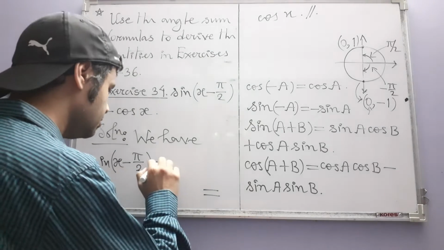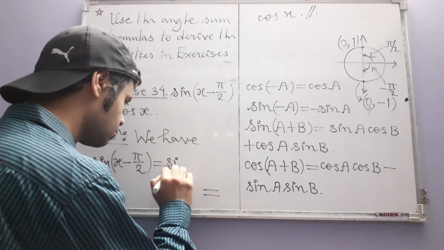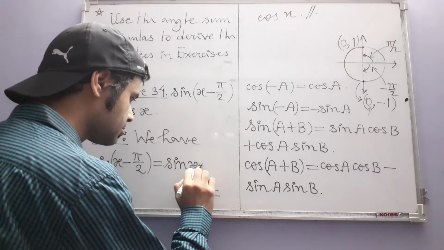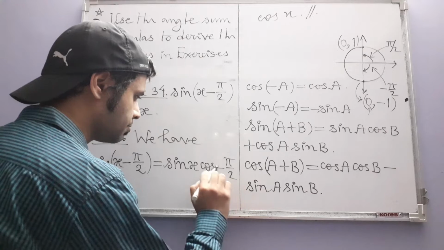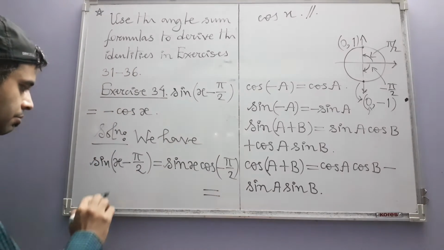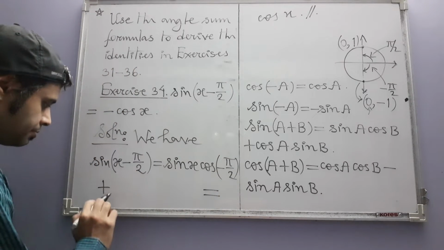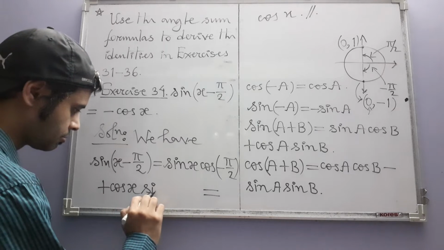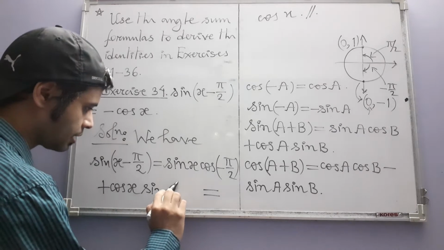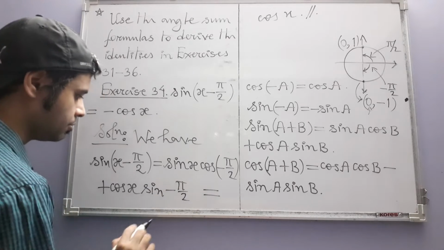So this will be sin x cos minus pi over 2 plus cos x sin minus pi over 2.